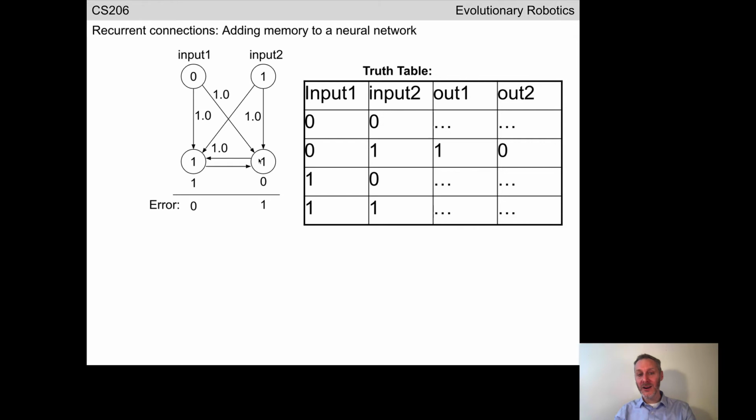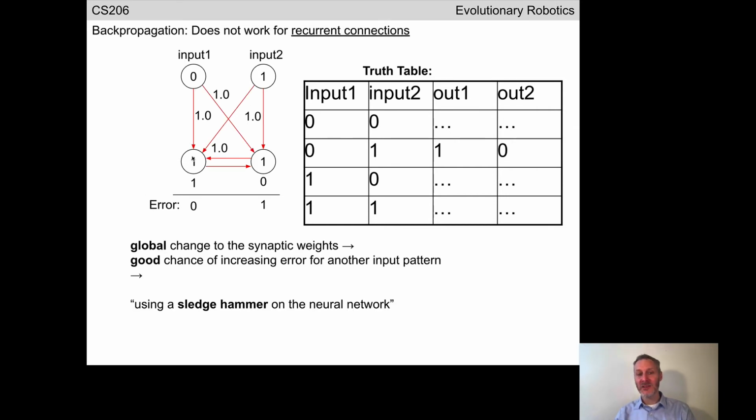So the error here is possibly being caused by this synapse, this synapse, this synapse, and this synapse, this synapse, and this synapse. In this cartoon example, we would have to go back and make changes to all 6 synapses. That's a big change.